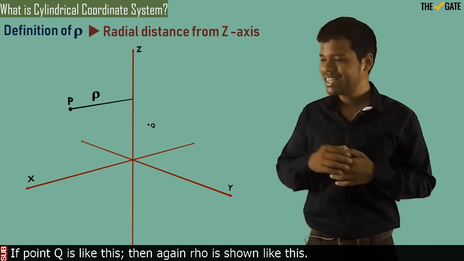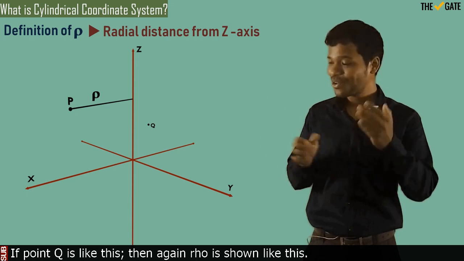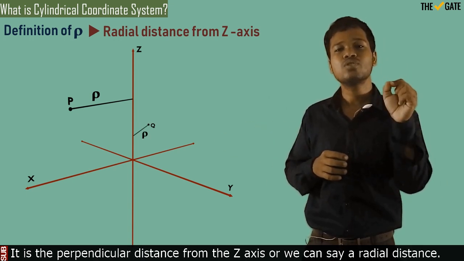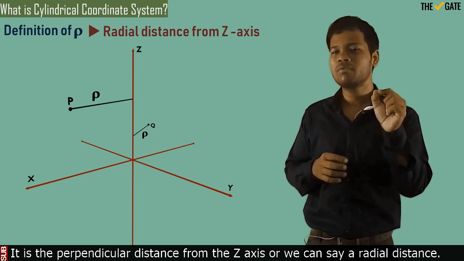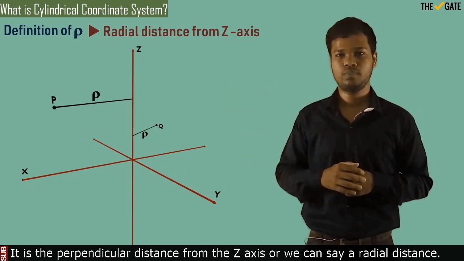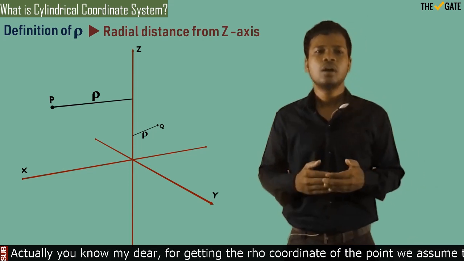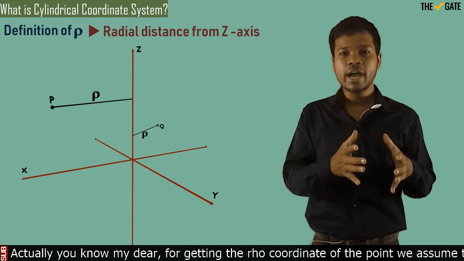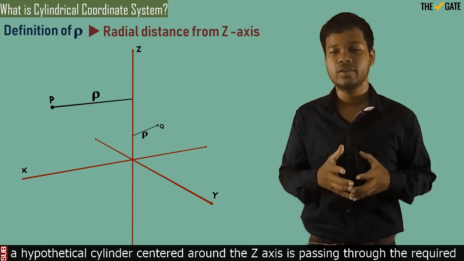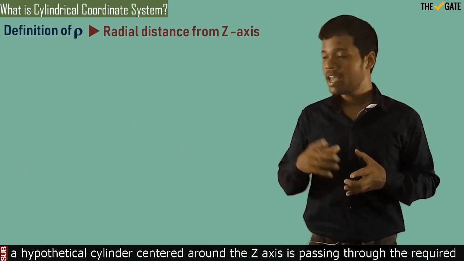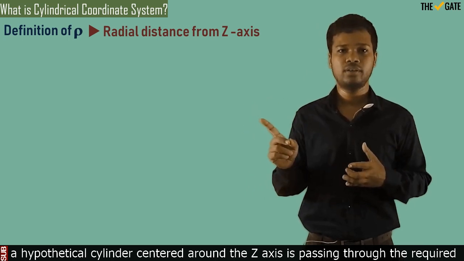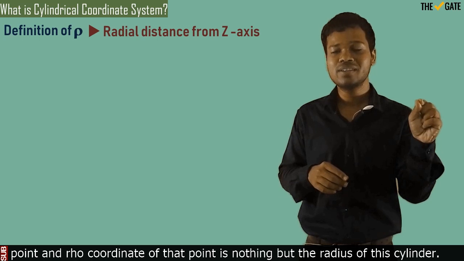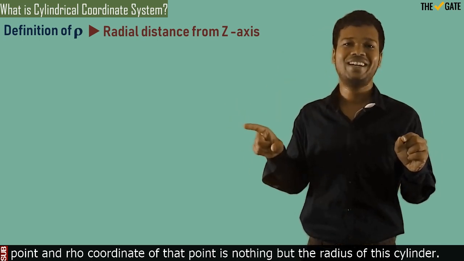If point P is like this, then again rho can be shown like this. It is the perpendicular distance from the z-axis, or we can say a radial distance. Actually, for getting the rho coordinate of the point, we assume that a hypothetical cylinder centered around the z-axis is passing through the required point, and rho coordinate of that point is nothing but the radius of this cylinder.